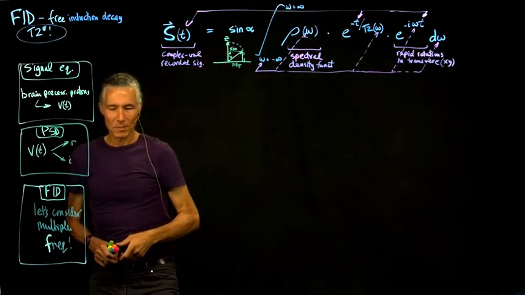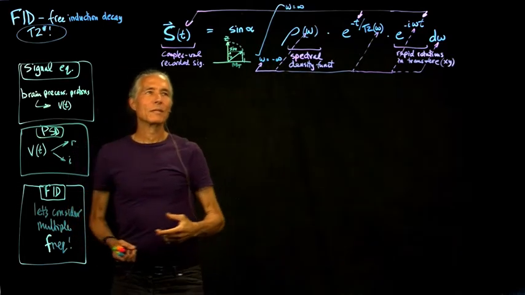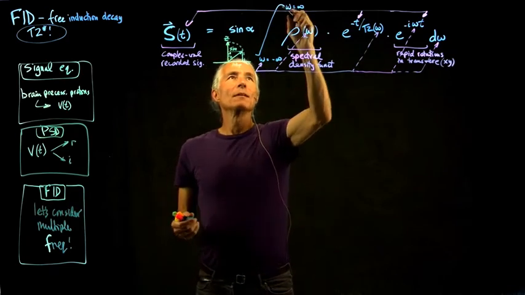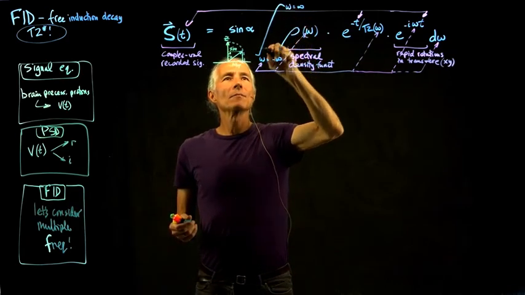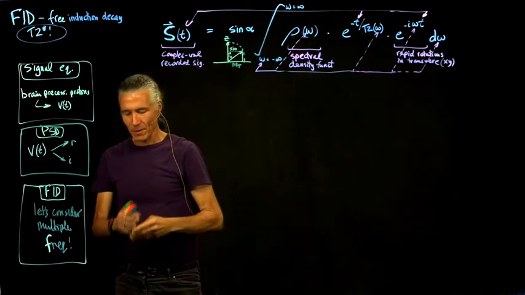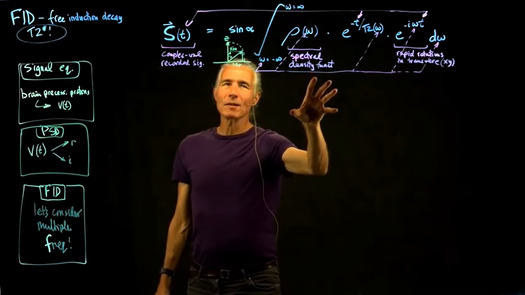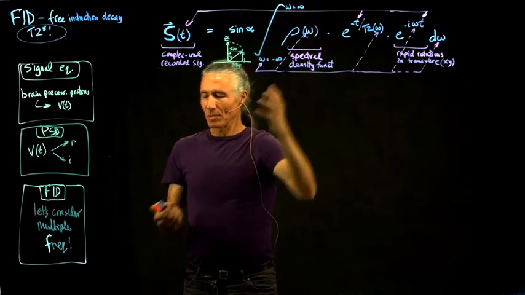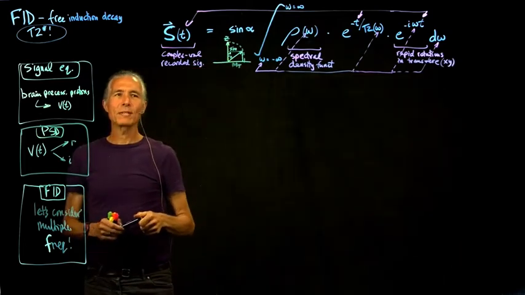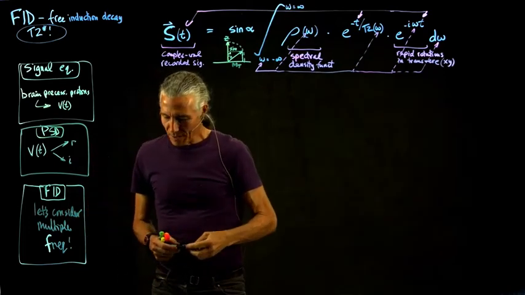Now we want to try to solve this integral for some kind of realistic distribution of frequencies. Again, it's not a very specified equation. It says this is some spectral density function. We don't know what it is. It could be anything. So what do you do in a situation like this?